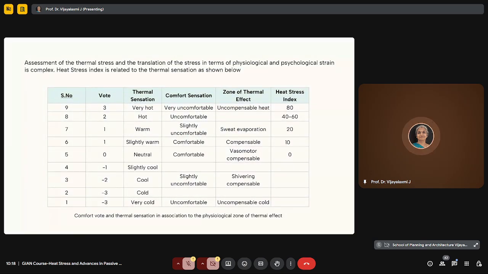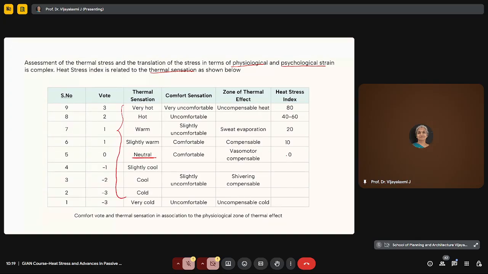Assessment of thermal stress and translation of the stress in terms of physiological and psychological strain is very complex. The heat stress index is related to thermal sensation, how you feel, on a 9-point scale.